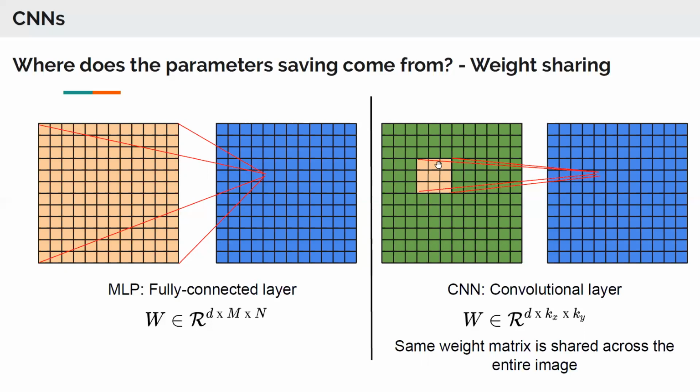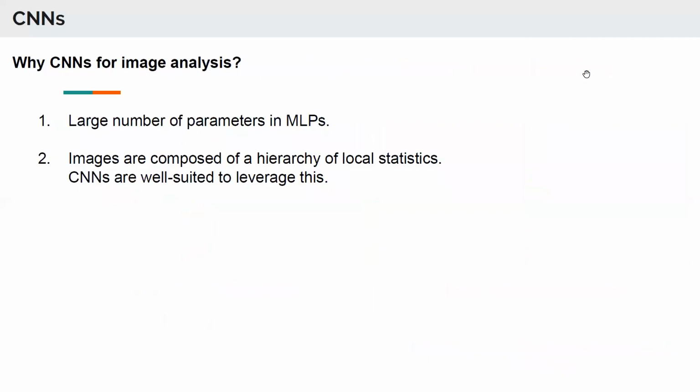So these weights are actually shared across all these input locations. This is called weight sharing, and this brings about the drastic saving in the number of parameters in CNNs as compared to MLPs. Okay, so that's number one. That is why CNNs are well suited for images.